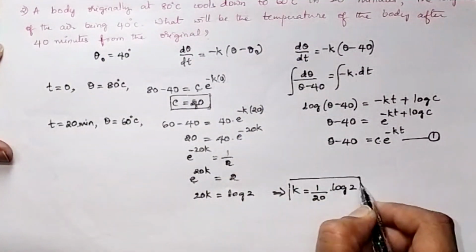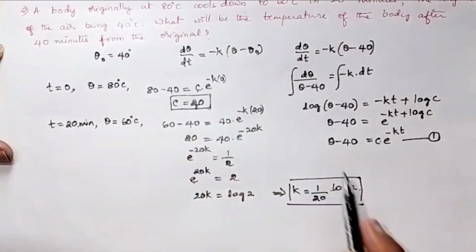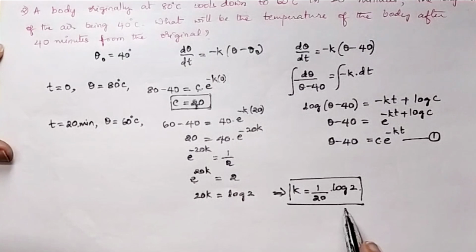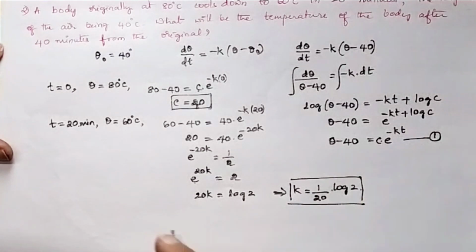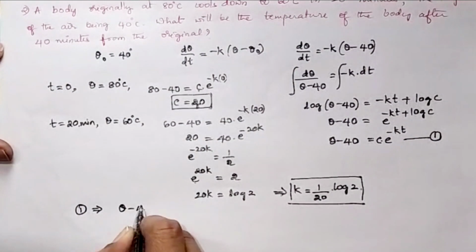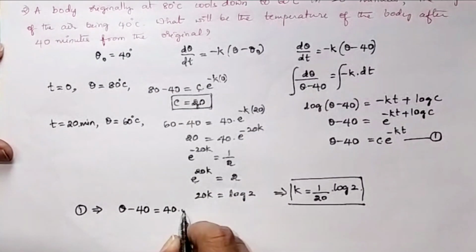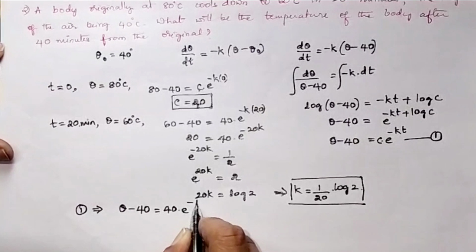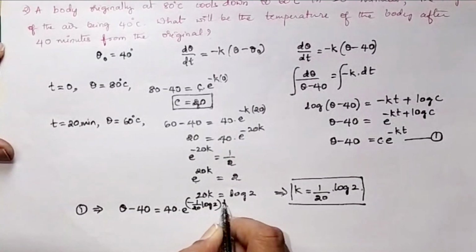We got the value of c and we got the value of k. c is 40 and k is 1 by 20 into log 2. Now using these two, equation 1 becomes θ minus 40 is equal to 40 into e to the power minus 1 by 20 log 2 into t.